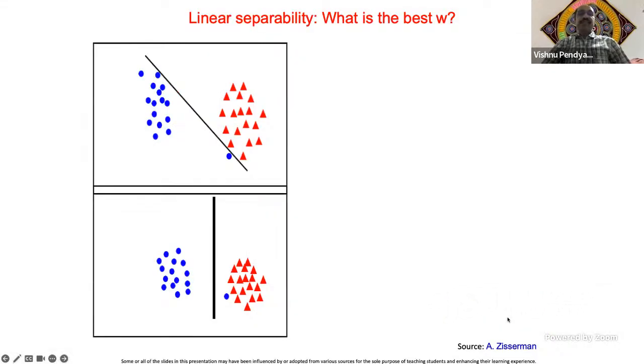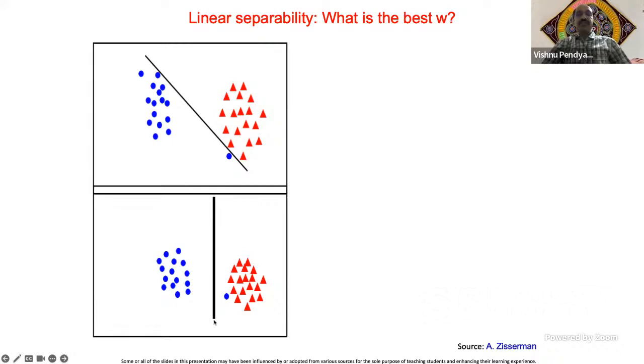Now, the question from this slide is: this data is linearly separable, and if you apply the support vector machines you learned so far, you will probably end up with a decision boundary like this. But there could be another decision boundary drawn like this.